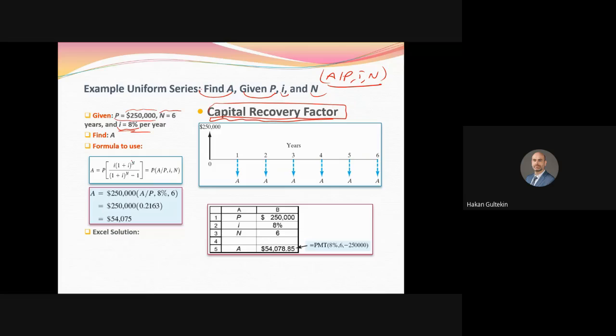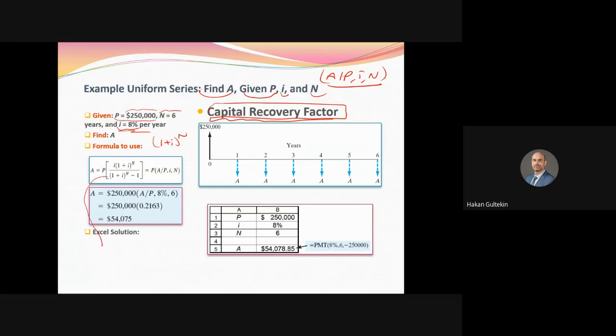And what is the calculation? Again, if you like, you can use a formula, or if you like, you can use the factor. But look, the formula this time is not as simple as 1 plus I to the power n. As you see, it is more complex, but still nothing to worry about. You will just plug in the values of the interest rate and the number of periods.